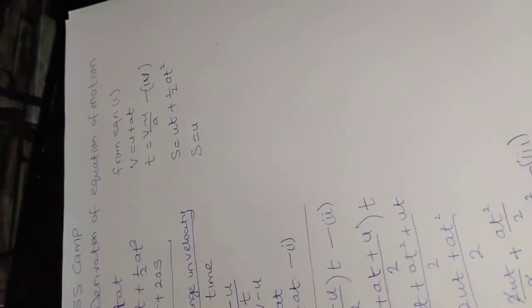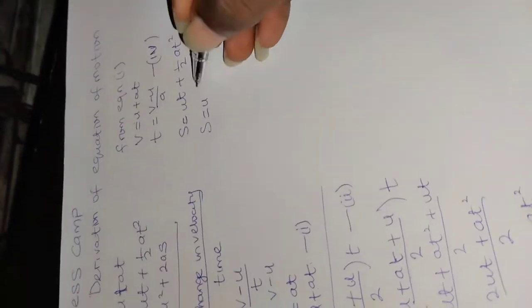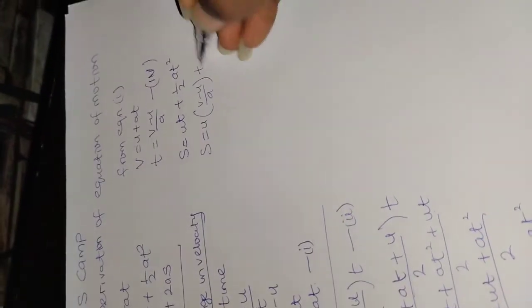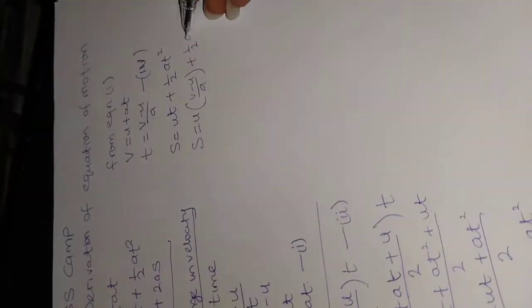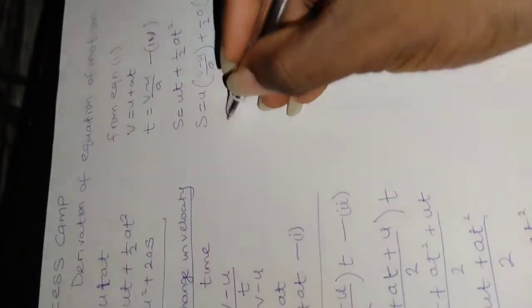From equation 4, t equals v minus u over a. So whenever I see t, I will write v minus u over a, plus half a, v minus u over a, v minus u over a.